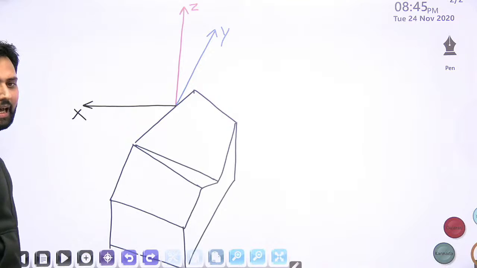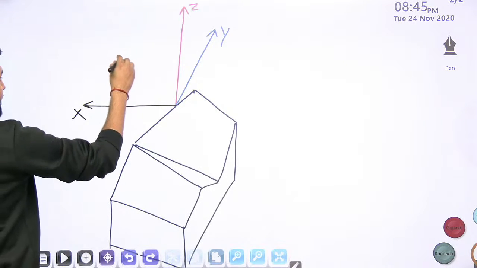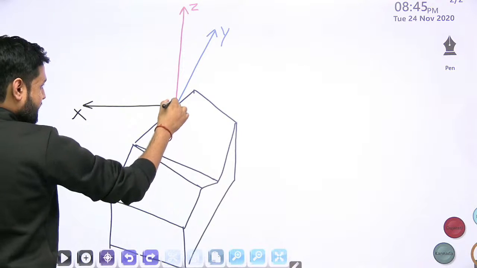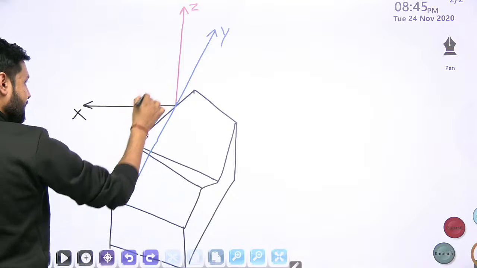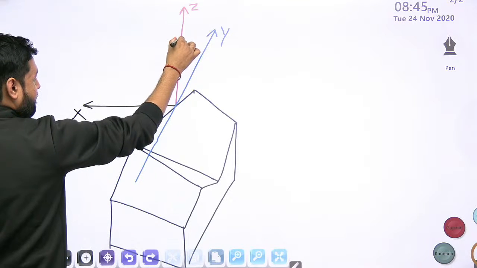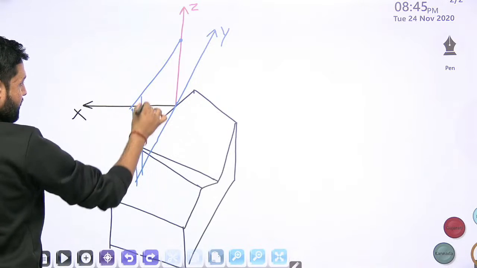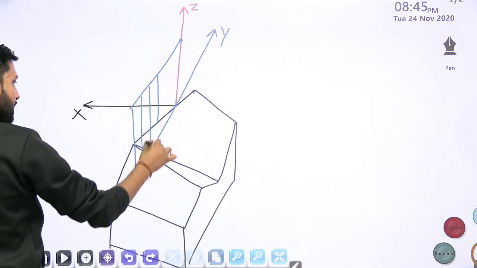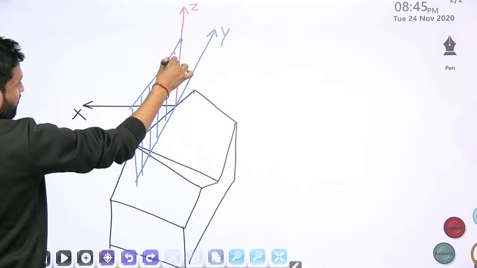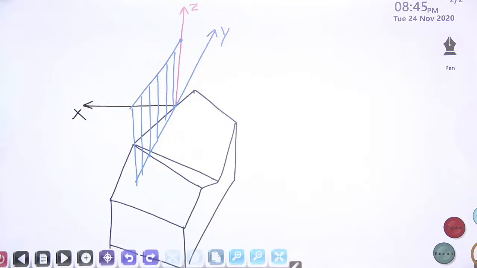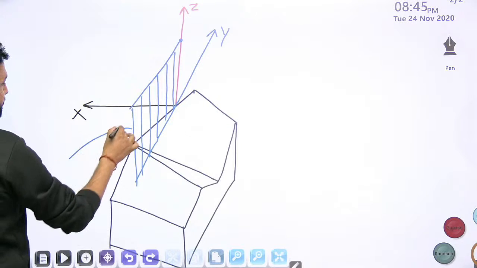These three axes are of the machine and the planes are there. You see, I'll show you the planes. Here there is this plane. I am drawing roughly, but still you will understand, don't worry. This is a plane. Yesterday I told you, what plane is that?